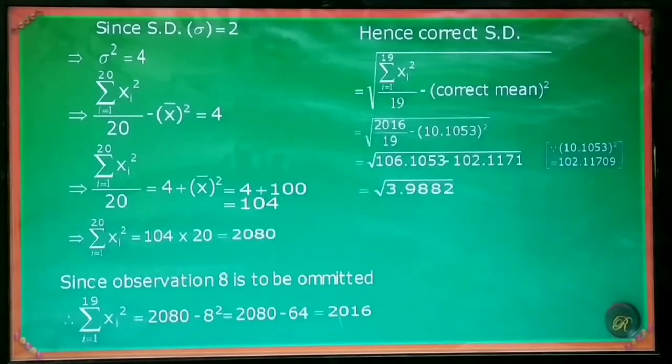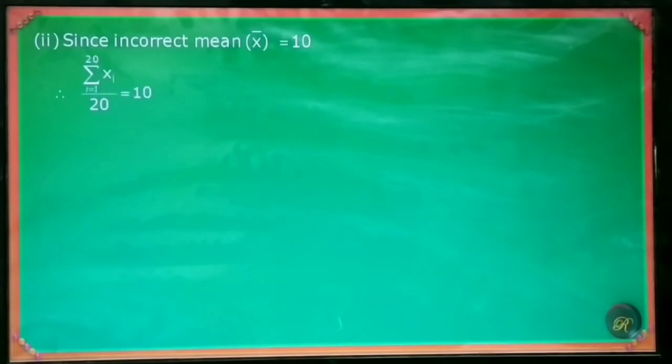Try to find the square root by division method. Is equal to 1.997. Second case. Since incorrect mean is equal to 10, therefore sum of 20 observations divided by 20 is equal to 10.